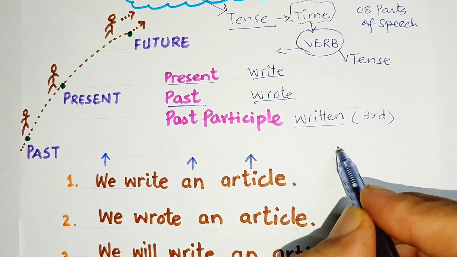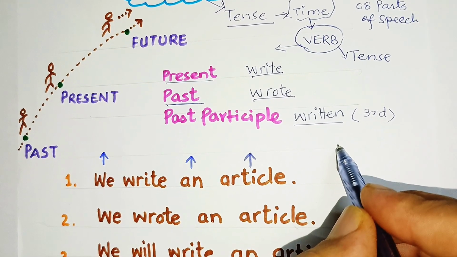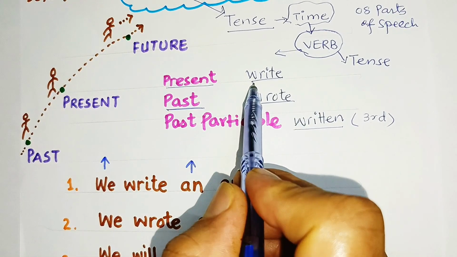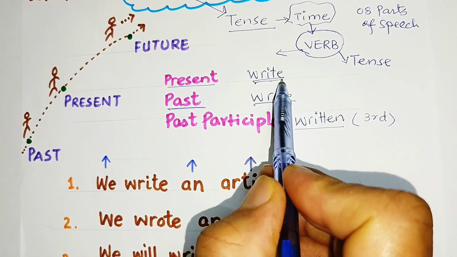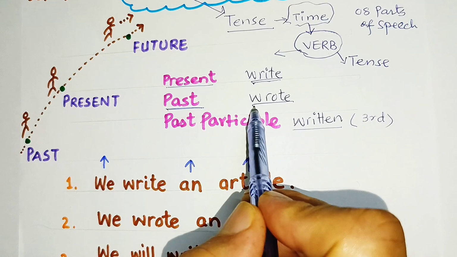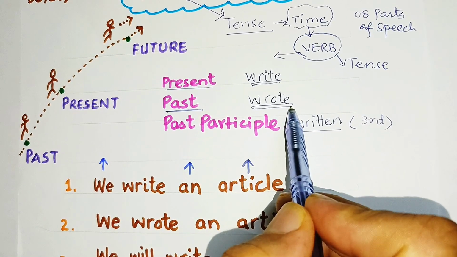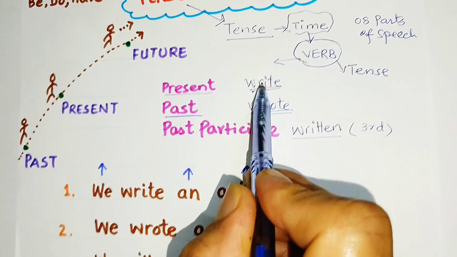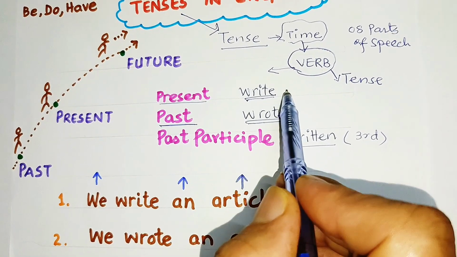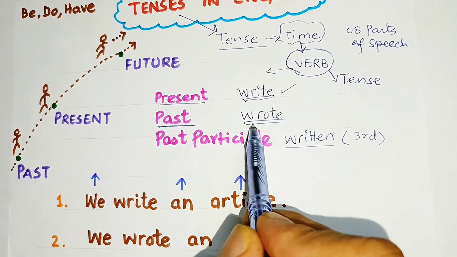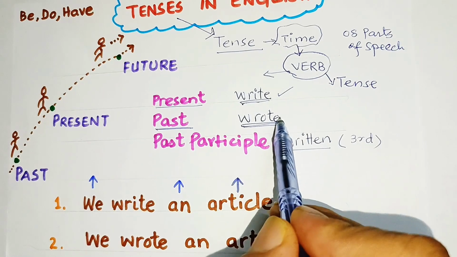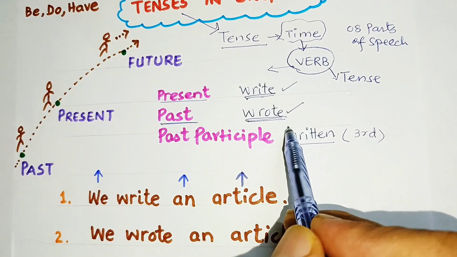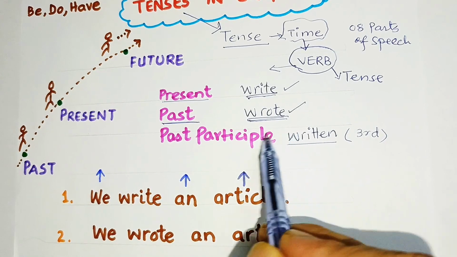If the sentence has only a main verb, then that main verb is to be identified, whether it is from the present or past form of the verb. If this is the present form, then this is present tense, and if this is the past form of the verb, then that sentence belongs to past tense.